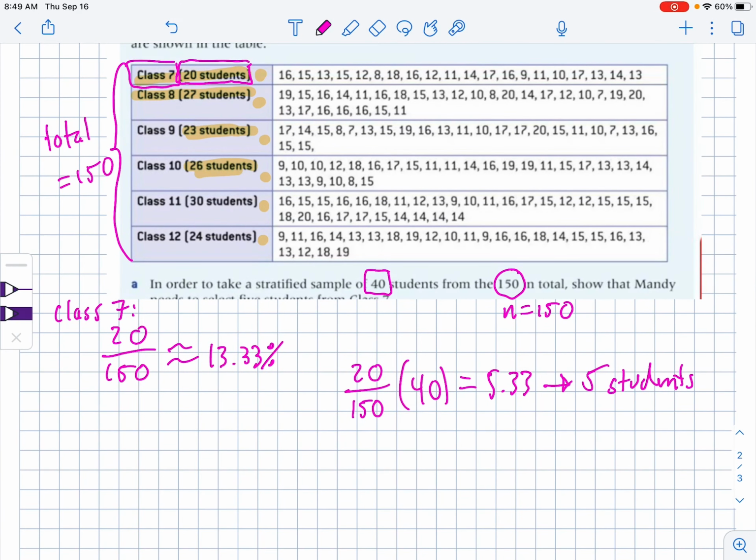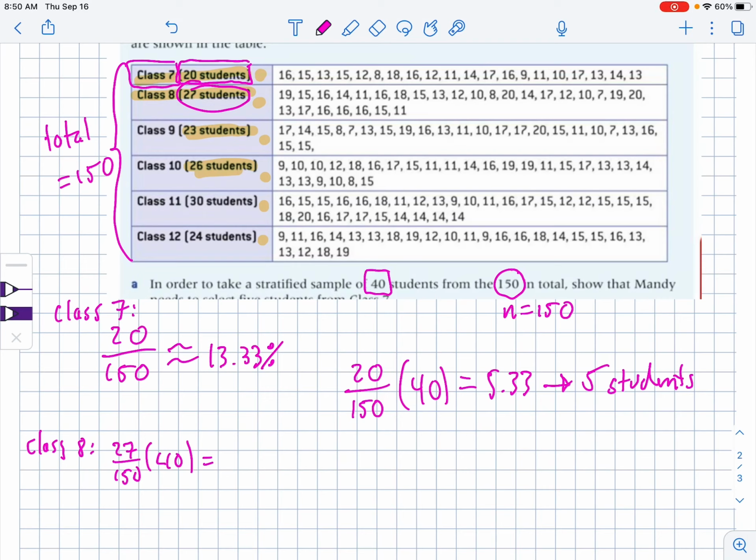Now we're going to do that same process for all of the classes. So for class 8, we'll do 27 out of the 150, and then multiply it by 40.